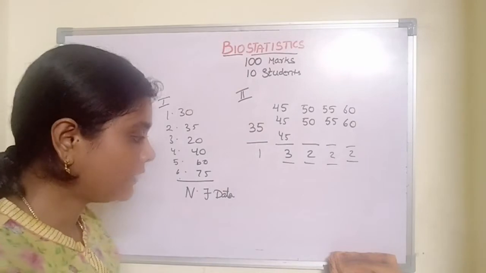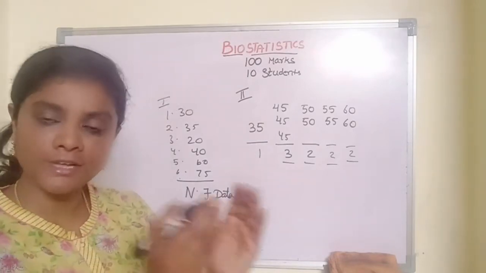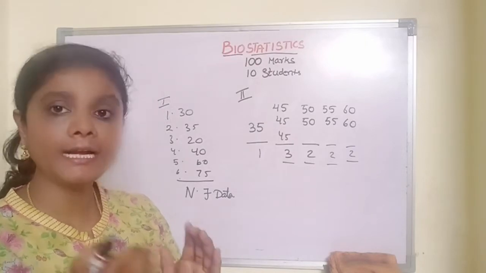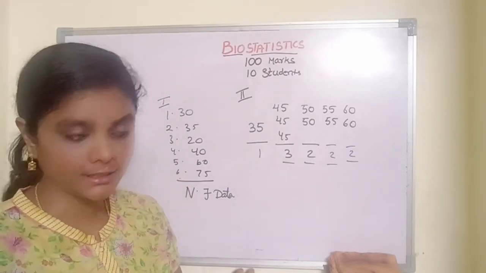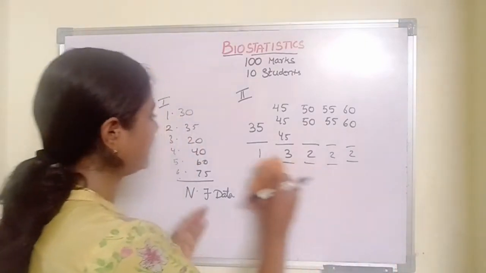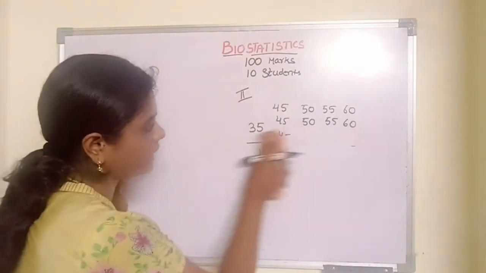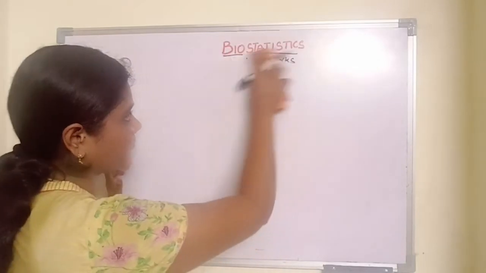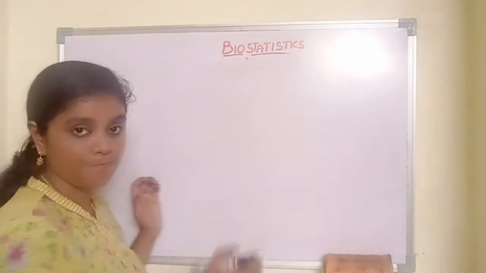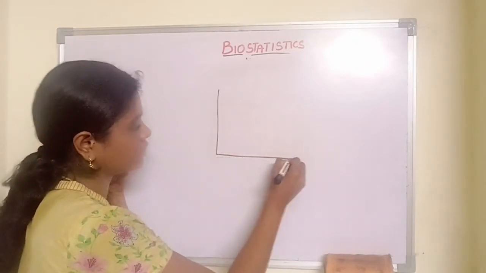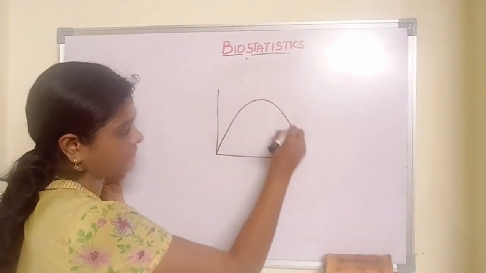Now, when research is done on a particular sample, it has to be distributed. There are 2 types of distributions here. The sample we have got should be distributed in 2 ways.